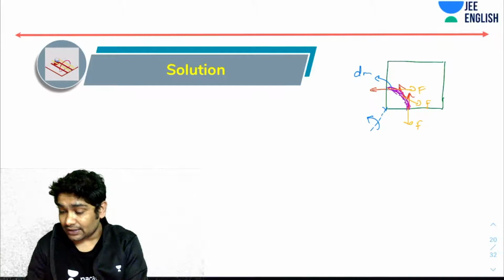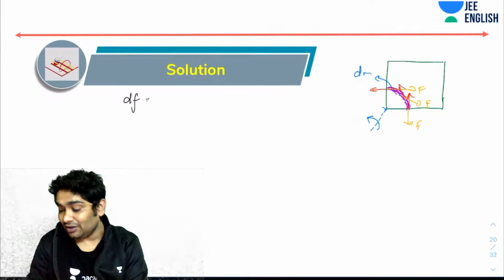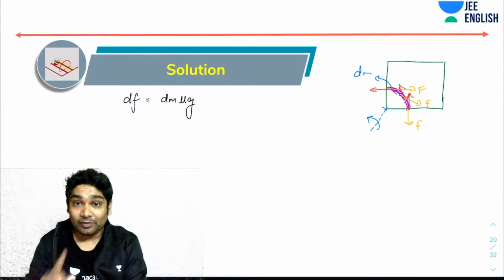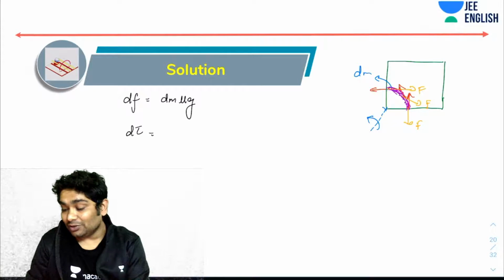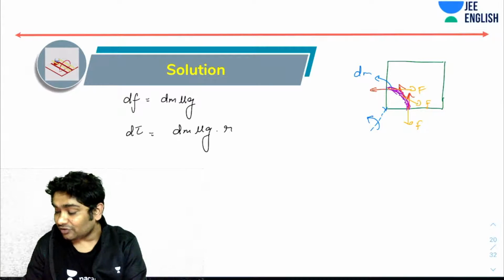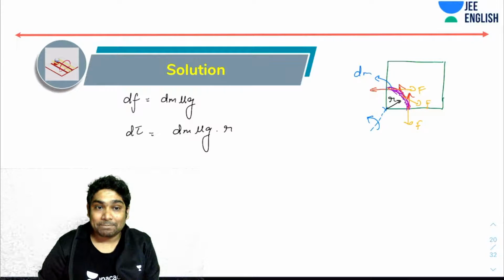I hope you realize that the force of friction, small df, would be dm mu g, correct? What will be the torque that it will be producing? d tau would be equal to dm mu g times r, where r is the radius of the strip that I've taken. So there is one hint.